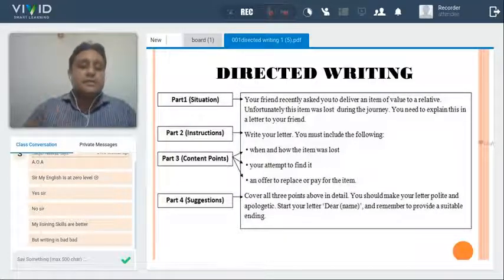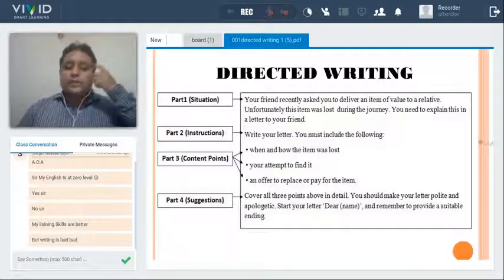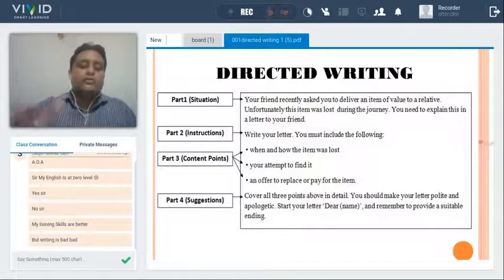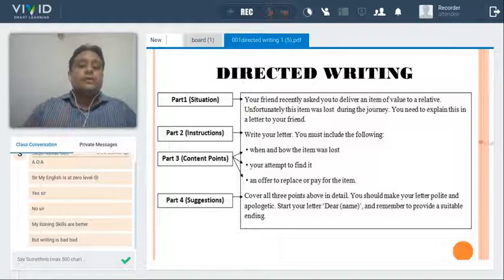Reading marks means this is a question in front of you. That's a letter writing question. If you read the question and understand some of its distinct parts, and you write according to those parts, like these four parts out there: situation, instructions, content points, and suggestions.